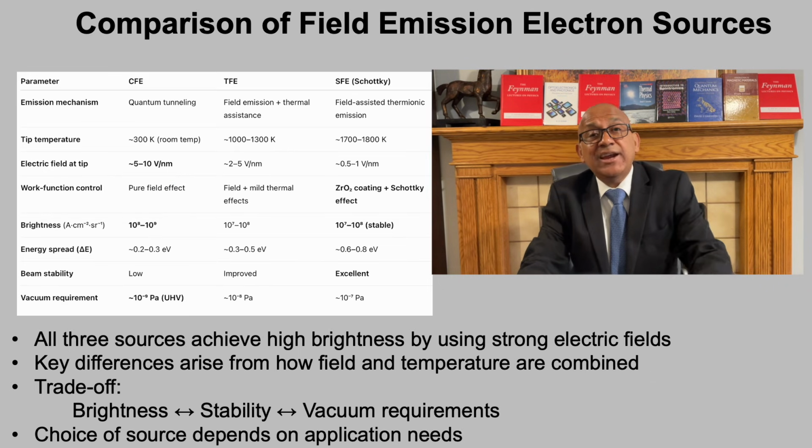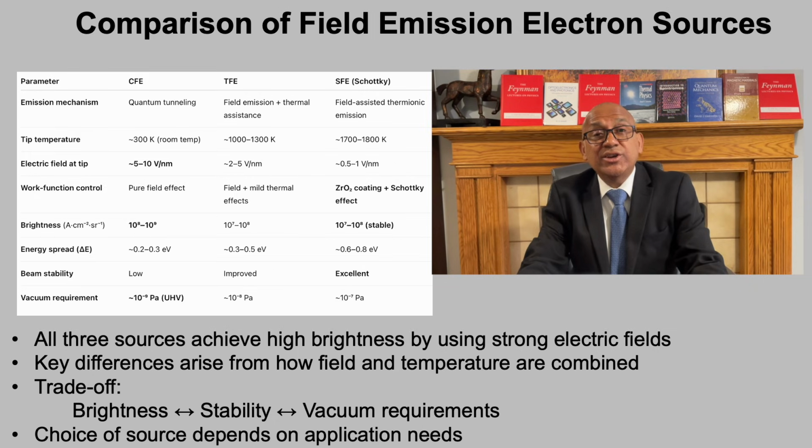Now that we understand what electron source brightness means, we can compare how different field-based electron sources perform in practice. This table summarizes the key differences between cold field emission, thermal field emission, and Schottky field emission sources.